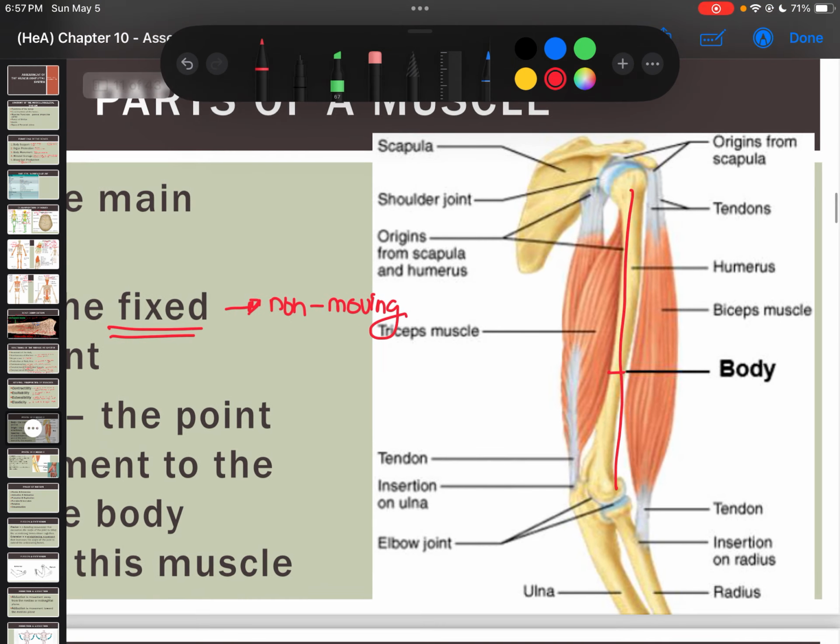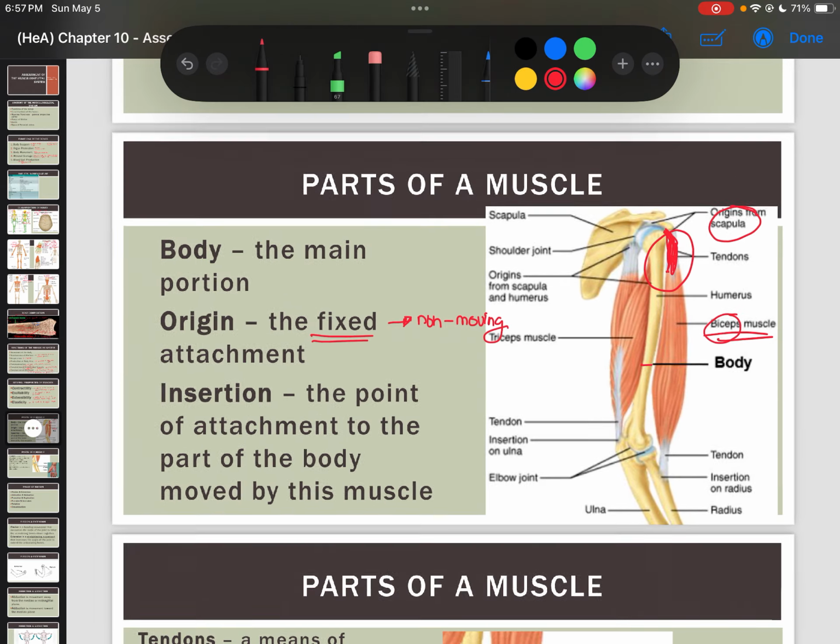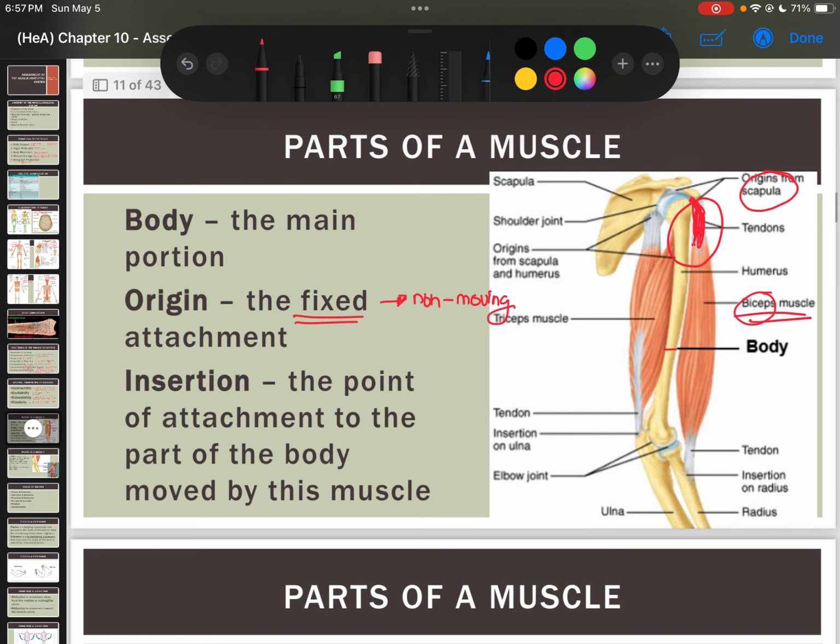For example, this is your humerus, this is the biceps, and this is the triceps, in your arms. For our biceps muscle, the origin is the tendon that connects the biceps to the scapula. That is your origin. It connects the bicep to the scapula, that tendon.